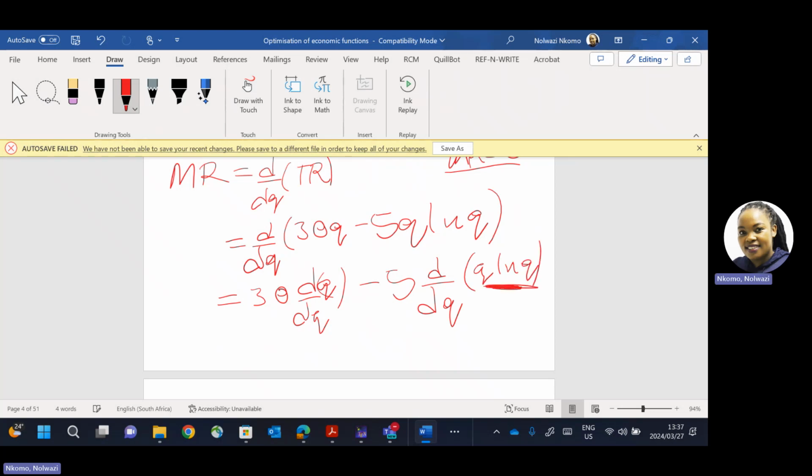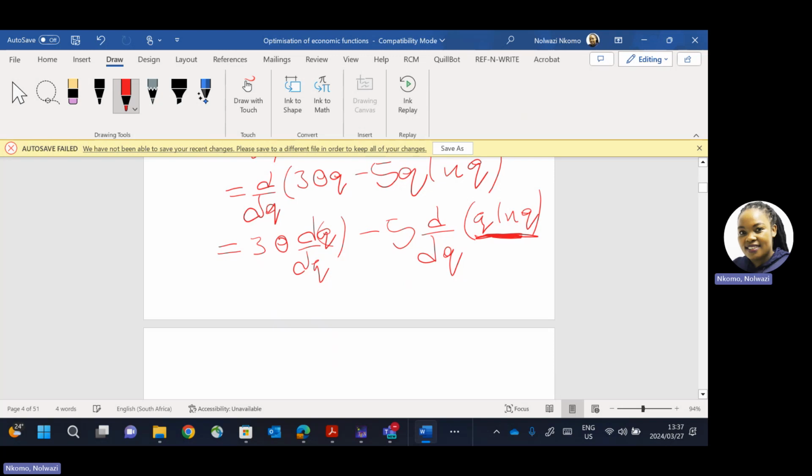This, you see here, is the product of two functions, meaning if we differentiate here, we'll have to use the product rule.